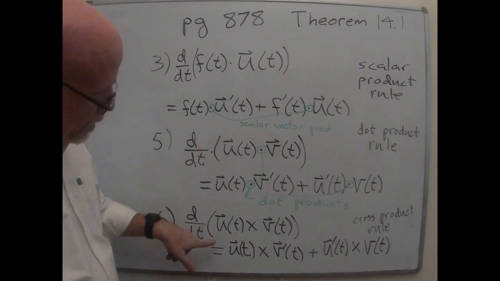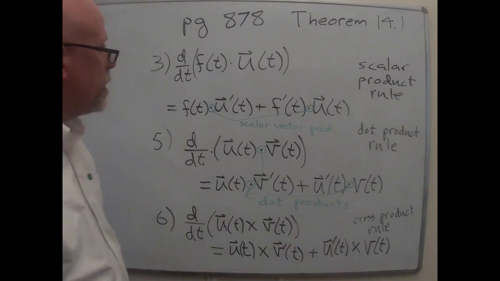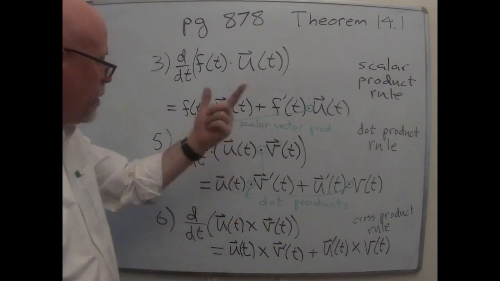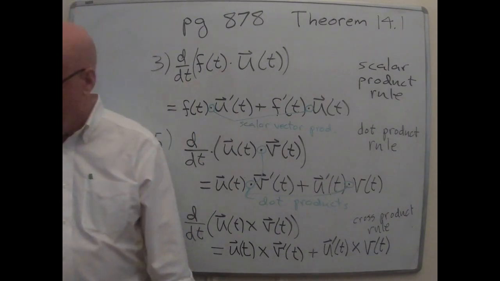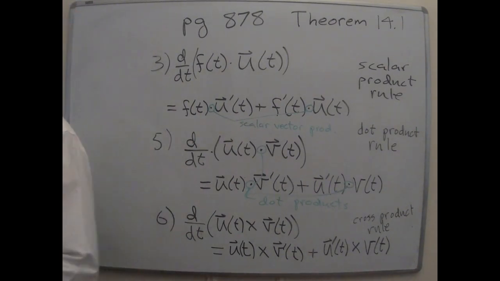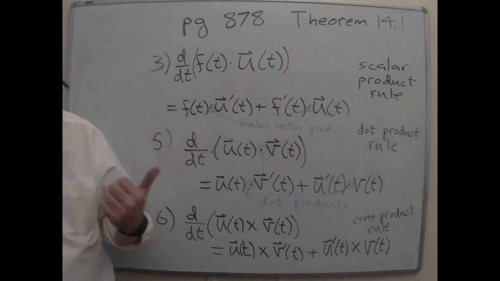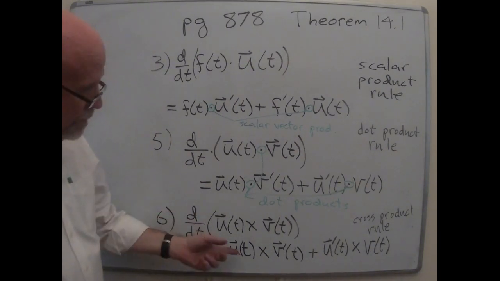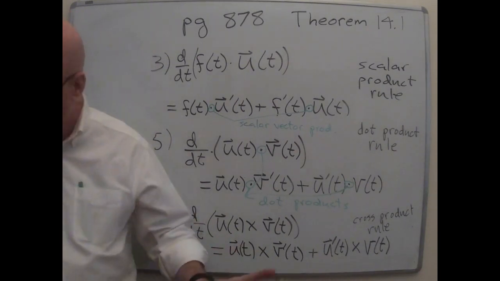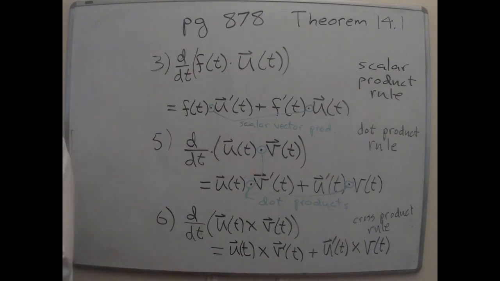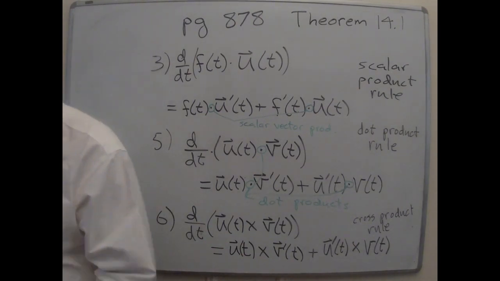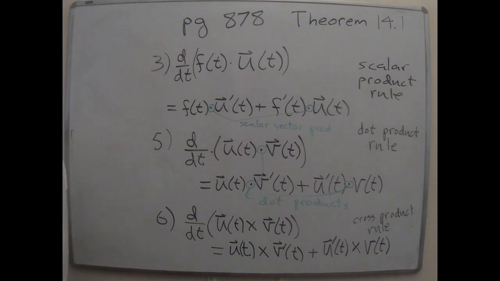If you were taking the derivative of a cross product, then you'll have cross products in the product rule. And if it was scalar products, scalar products. So, not really that big a deal. Very useful though for certain computations. For instance, this one is really neat when you see it in figuring out Kepler's laws of orbital motion, and we get to do stuff like that in this course, which is fun.